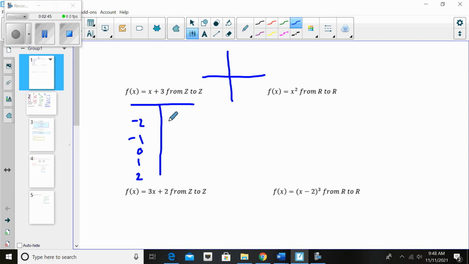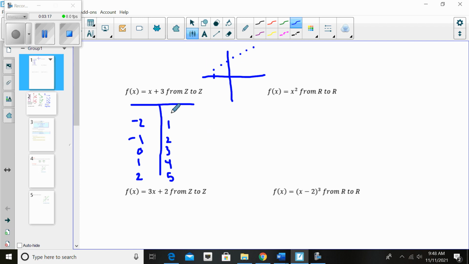We would just plot points, and I would not connect them. So clearly it's one-to-one. It would pass the horizontal line test.